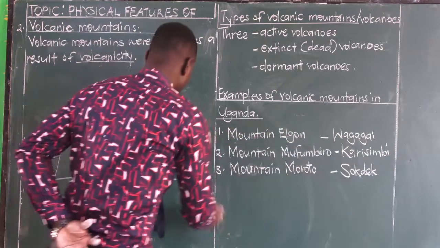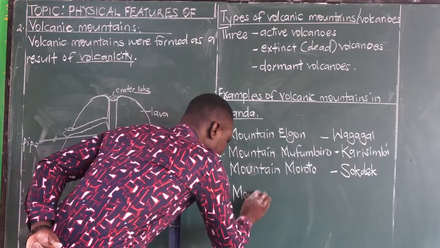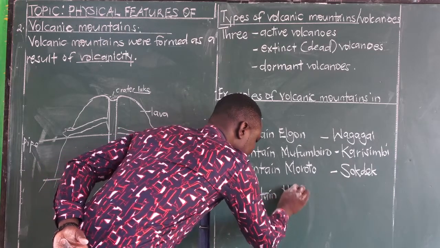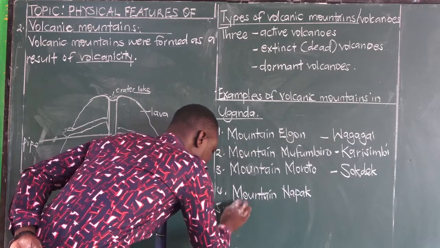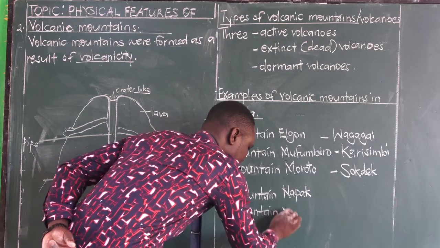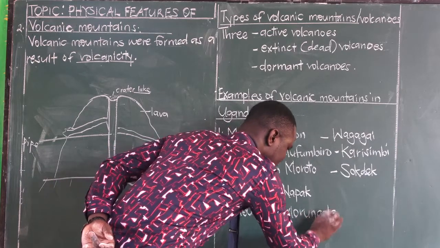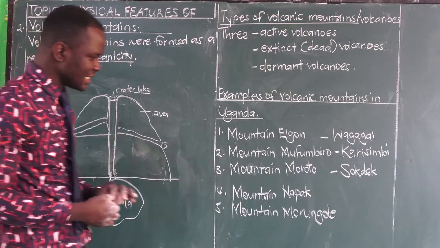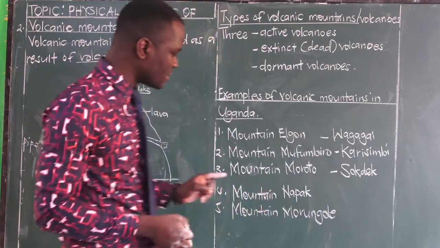Then we have other mountains. We have Mountain Napak. Remember Mountain Napak. We have Mountain Morongole. If you don't know where these mountains are located on the map of Uganda, kindly get your atlas, then you look for Mountain Napak, then you look for Mountain Morongole.